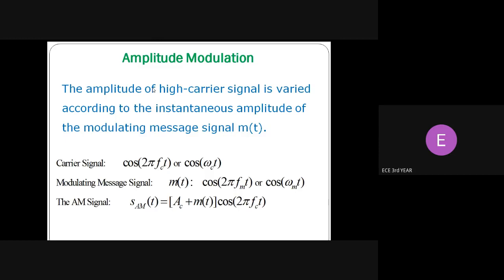And this is the formula for the carrier signal, cos 2 pi fct, cos omega ct, and the modulating signal cos 2 pi fmt, cos omega mt. Therefore, s(t) is equal to A(t), which is AC plus m(t), into cos 2 pi fct.